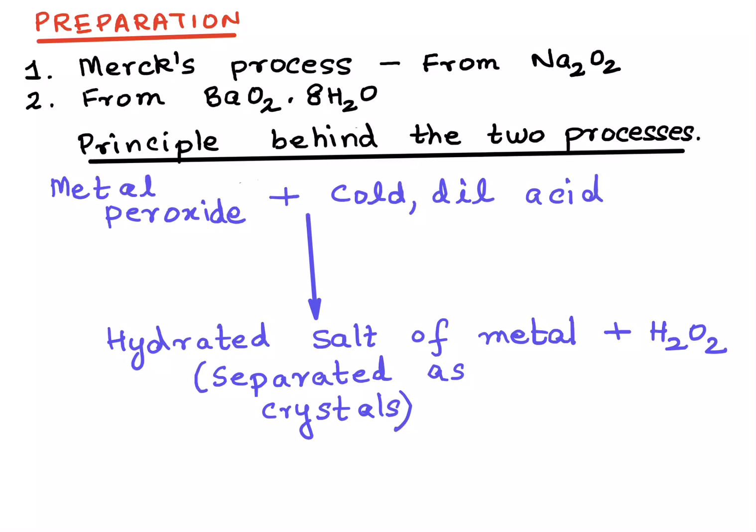When we say preparation, there's a difference between preparation and manufacture. Preparation means when we are talking about a small scale, like preparing in the laboratory. On the other hand, manufacture means when you're talking about the industrial level, where you want a quality product, but at the same time you want to make profit as well, right?